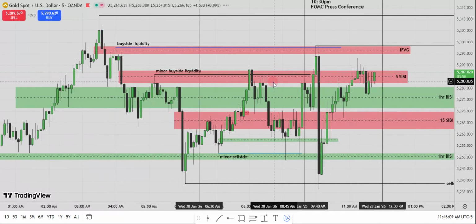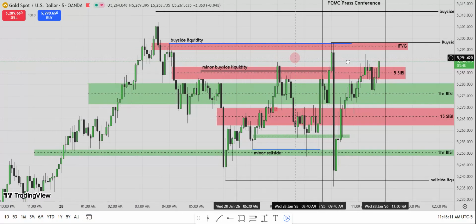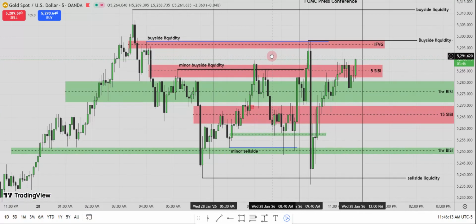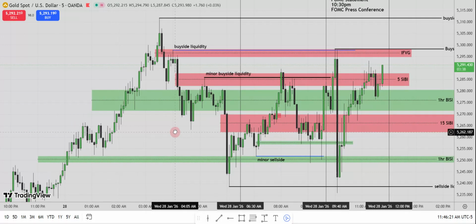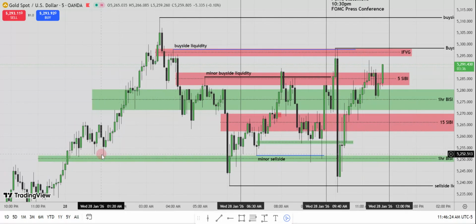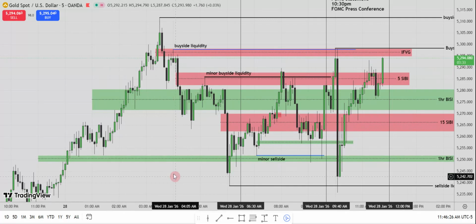Move lower to the 5 minutes time frame. This is London high. This is at 3:30, and we just sold off coming for this liquidity here.